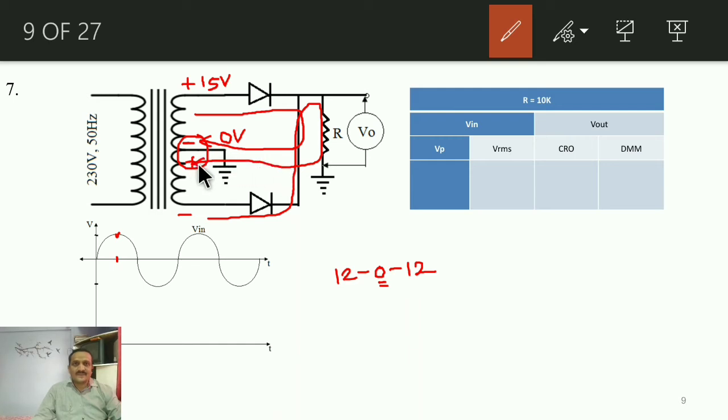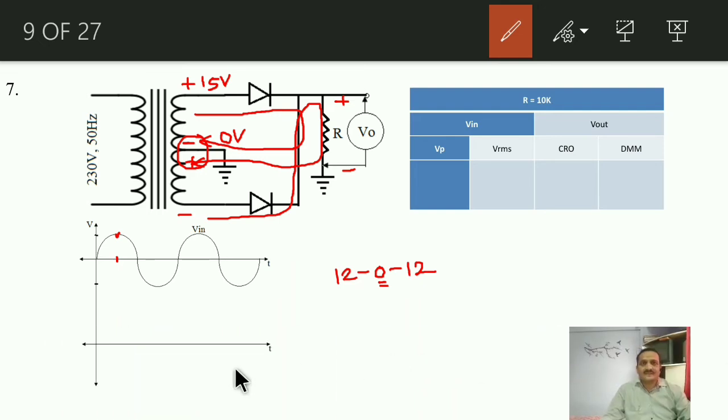So you will observe the direction of flow of current through R in both half cycles is the same, that is from top to bottom, and that means whenever a drop occurs across this R, it will have the same polarity. See the nature of the obtained output during the positive half will be like this, as well as during the negative half it will be like this, is it?